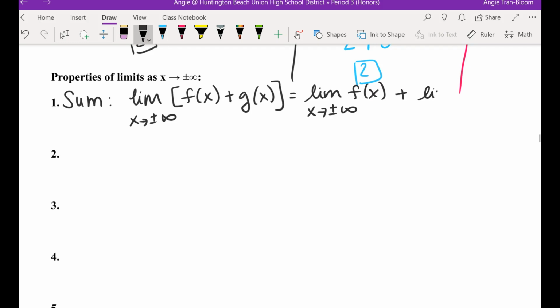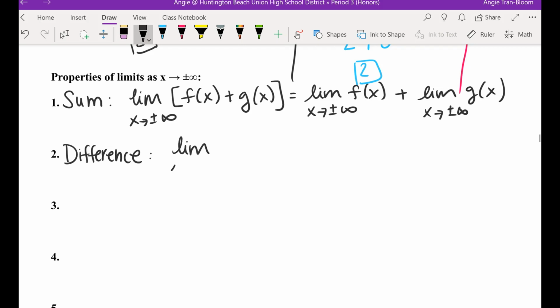Sometimes it is easier to break them up and sometimes it isn't, okay? But we want the tools to know what's good for us. So that's the sum. Same thing with the difference. If you have two functions subtracting one another, you can also break those guys up.